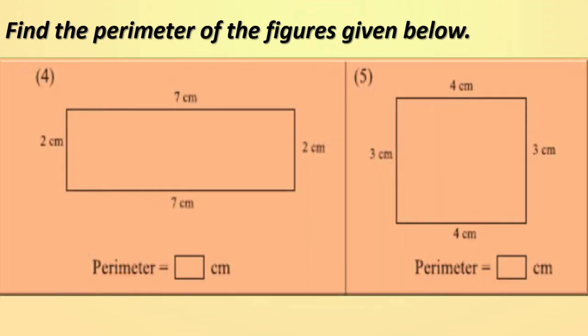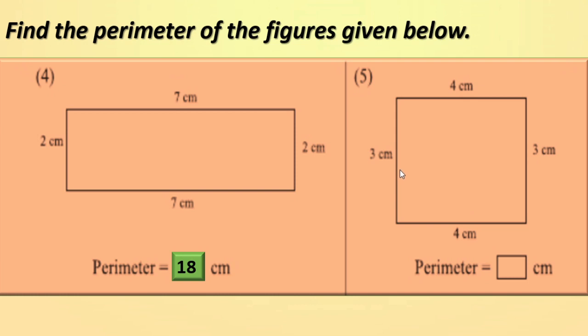Next, two more figures are there. Come on, tell me. Yes, 7 centimeter, 7 centimeter, 2 centimeter, 2 centimeter. This is a rectangle, isn't it? Come on, tell me the perimeter of this. Very good. That is 18 centimeter.